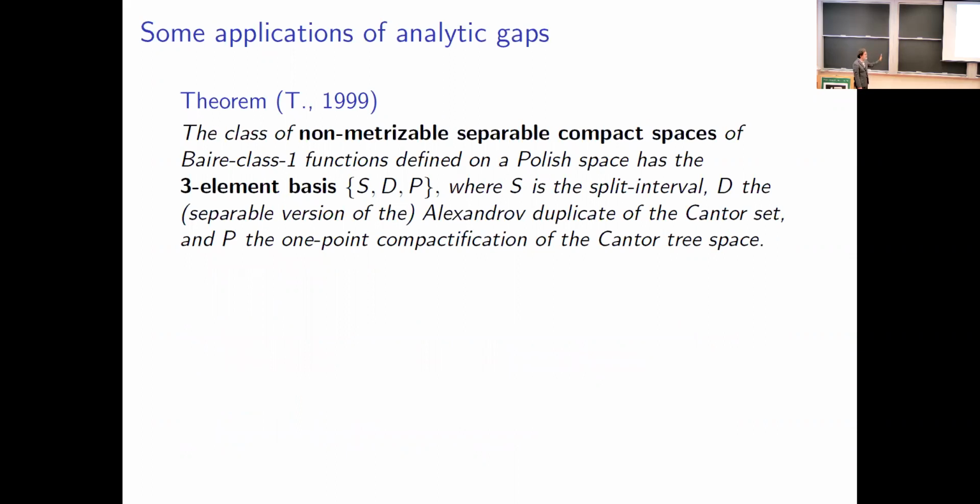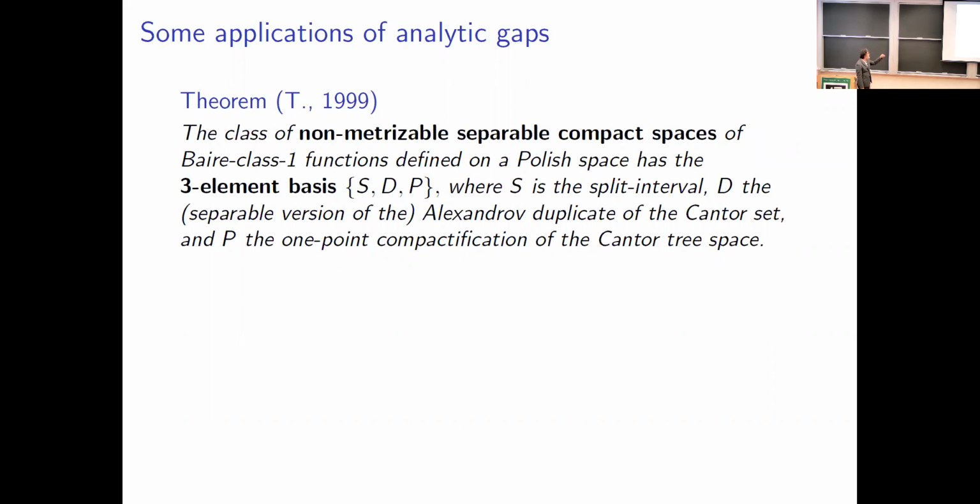Just this little progress will give you a solution of a metrization problem in a certain class of spaces. There's a three-element basis for a compact set represented by Baire class 1 functions. This space P is very interesting. The space P is a Pol example. You take the Cantor tree, points of the tree are isolated, branches are limits of these points in the natural sense.